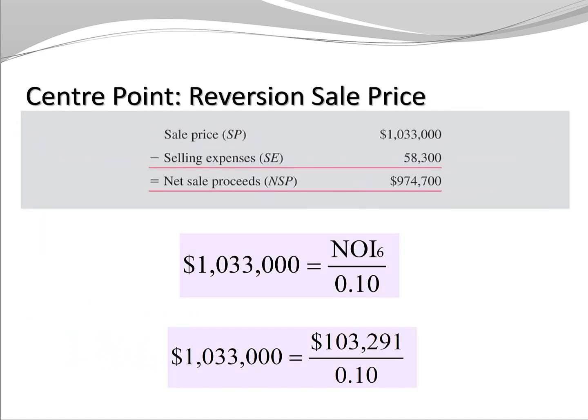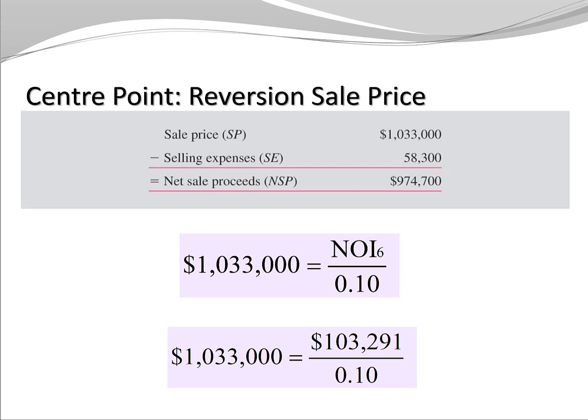To calculate the net sale proceeds from sales, we need to calculate the expected sale price at the end of year 5. As given in the assumption, the expected sale price in year 5 can be calculated using a capitalization approach. We project the year 6 net operating income from the property using the same approach as the previous slide and divide it by 10%.